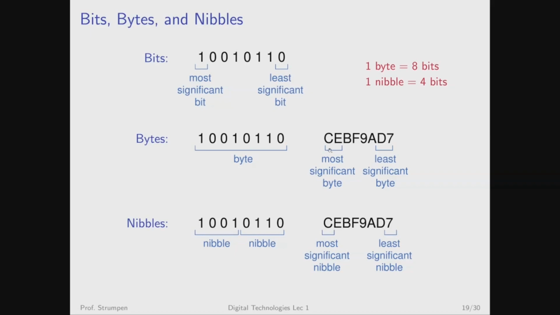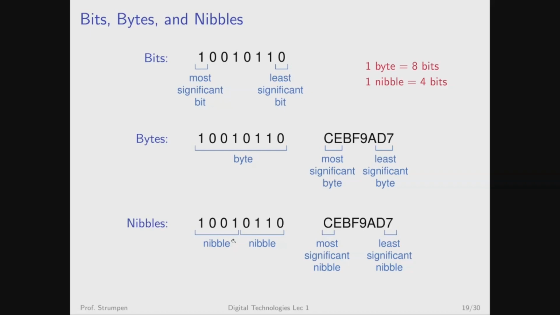Now, since 2 digits represent 1 byte, we may want to refer to the most significant and the least significant hex digit. And to make that easy, we introduce a grouping of bits in between the bits and the bytes that is a nibble that refers to 4 bits.